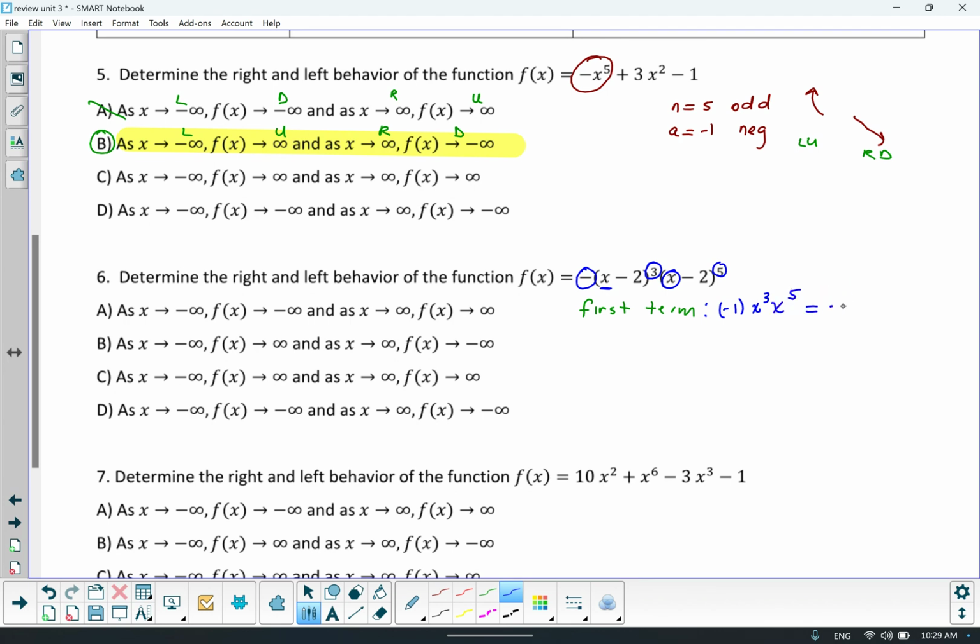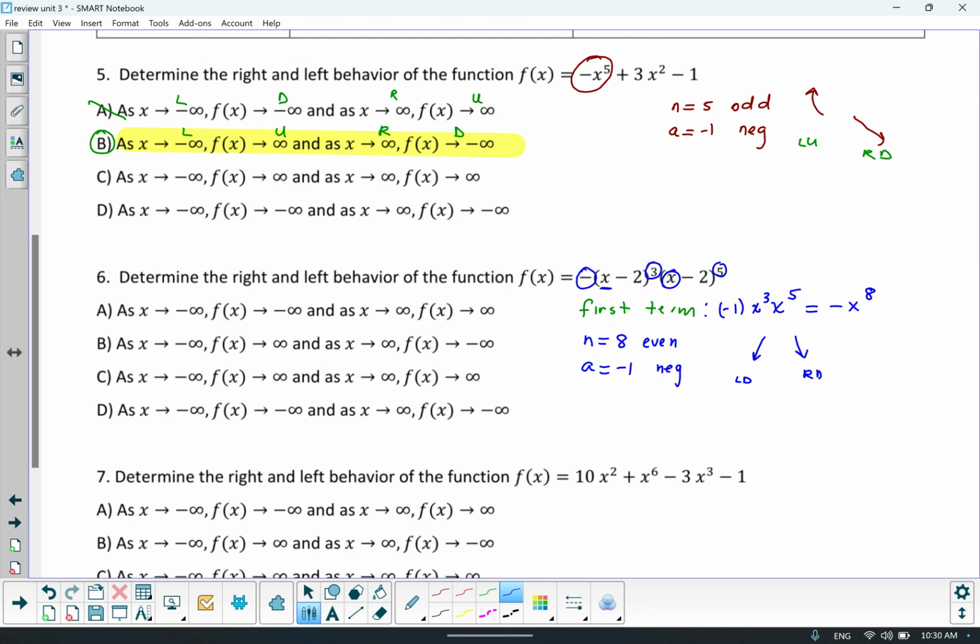And so that becomes -x, keep the base and add the exponents, -x to the 8th. That tells me that my degree is 8, which is an even number. That means the ends are either going to go up, up, or down, down. And a is -1, that's negative, so both ends are going to go down. So left down, right down.